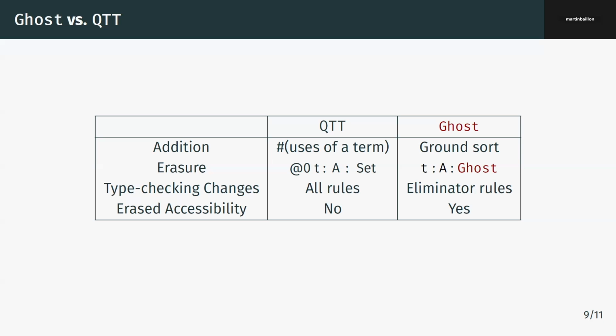Even though, comparing, using the Ghost sort only the elimination rules have to change, whereas implementing quantitative type theory is a much harder endeavor. And lastly, as far as we know, quantitative type theory doesn't have erased accessibility, while we do.